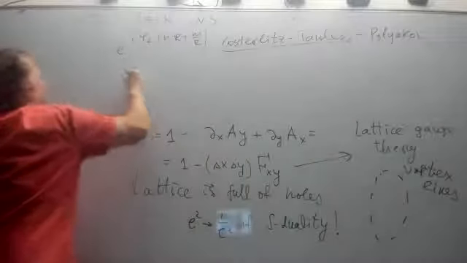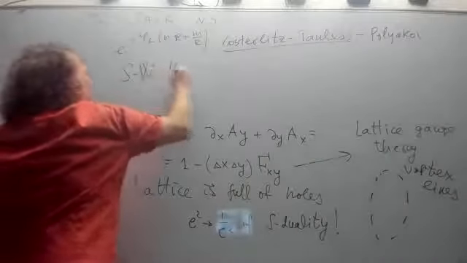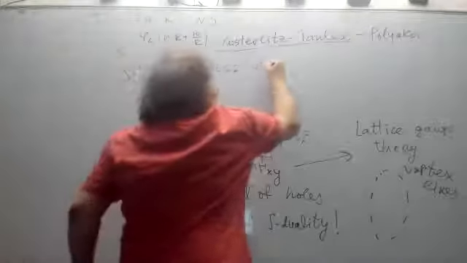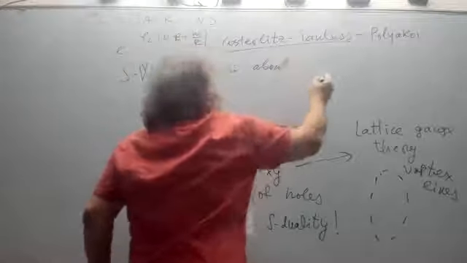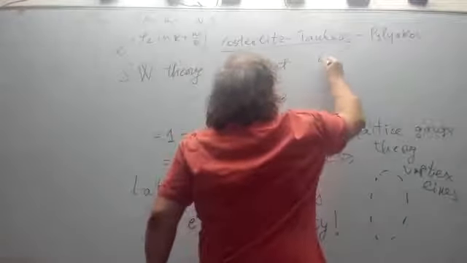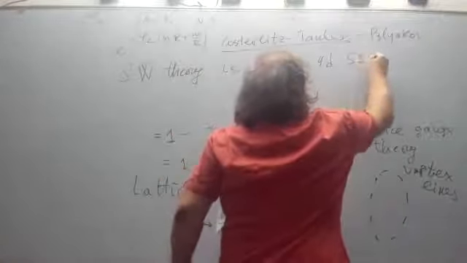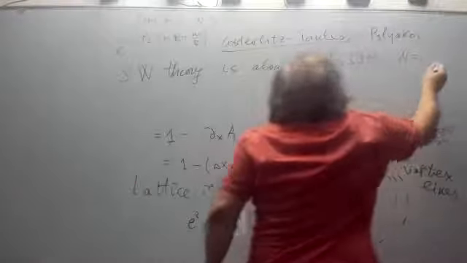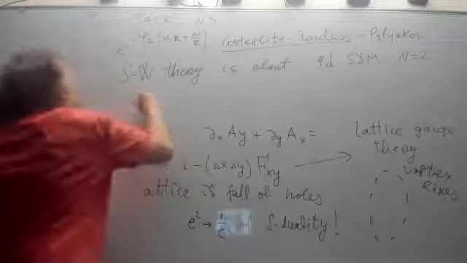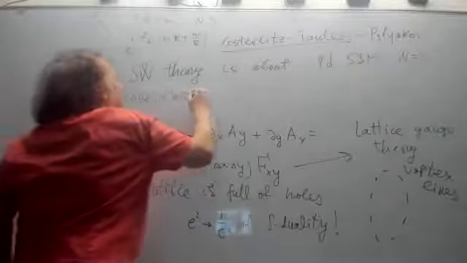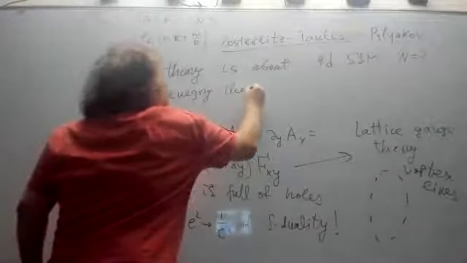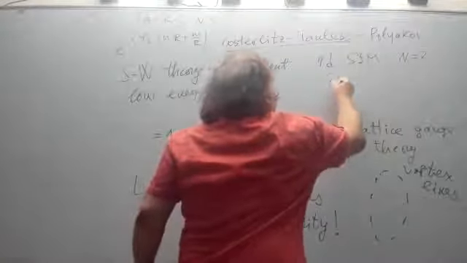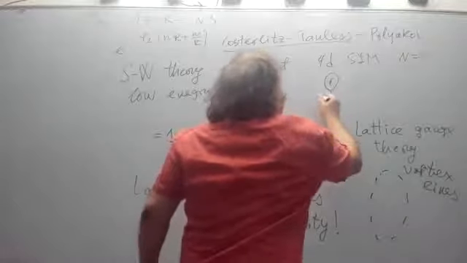So what is Seiberg-Witten theory about? It's about that you have 4D super Yang-Mills, n equals 2, and you study low energy theory. That is a theory that is described by elliptic fibration.